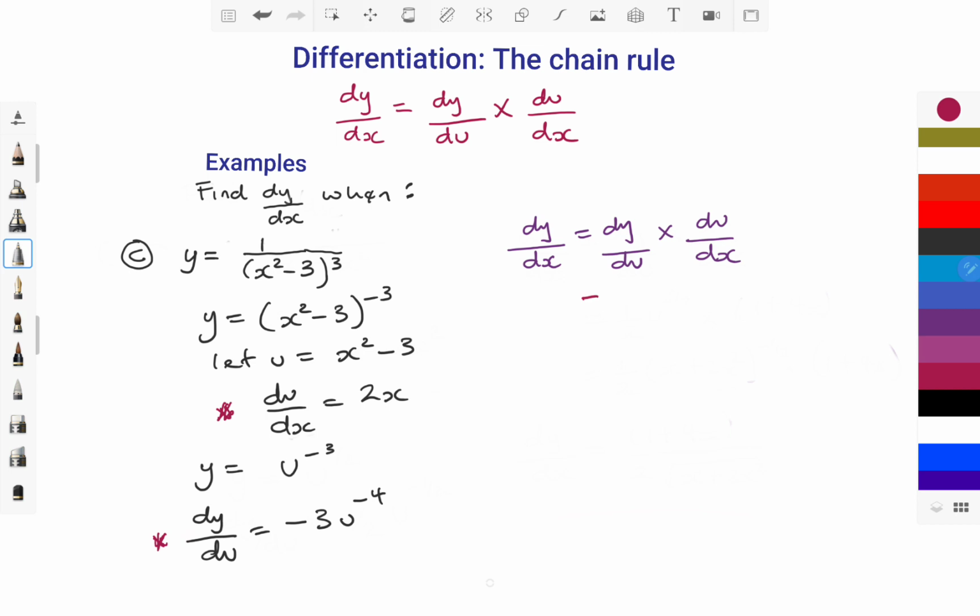And substituting the value of dy/du, I have minus 3u to the power of minus 4 times du/dx, which is my 2x. Substituting the value of u, I have minus 3(x squared minus 3) to the power of minus 4 times 2x.